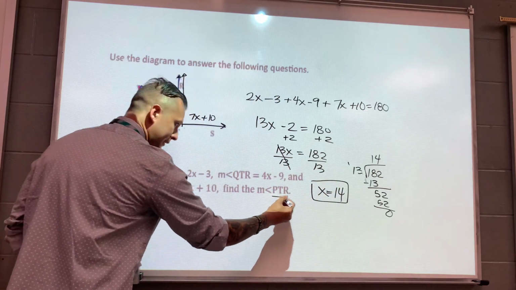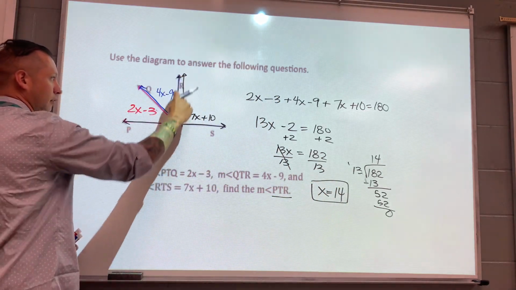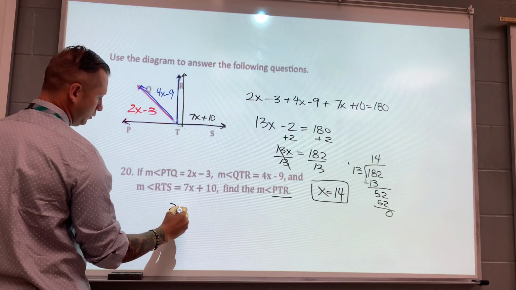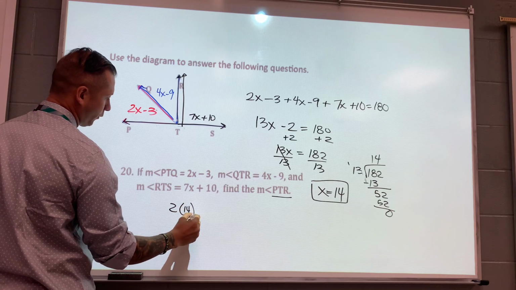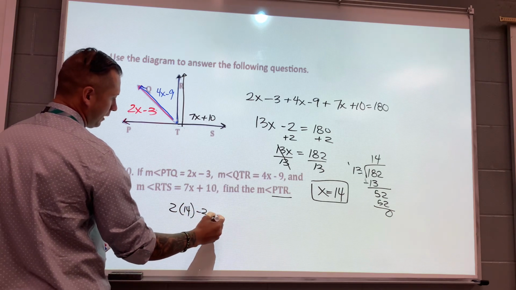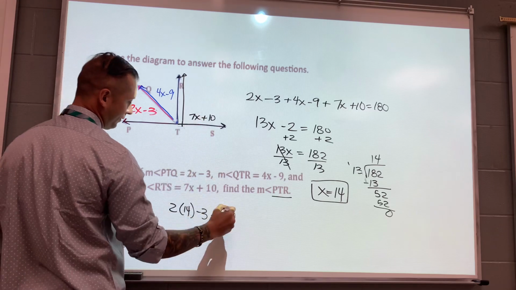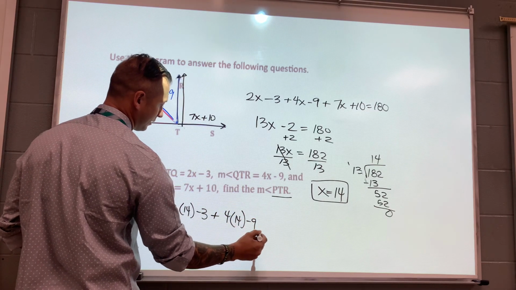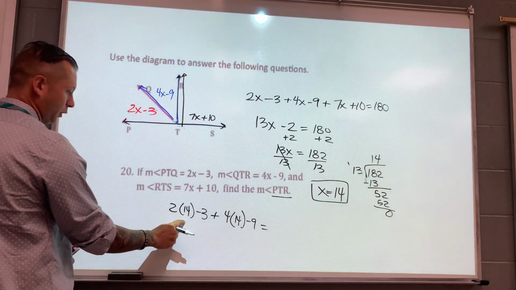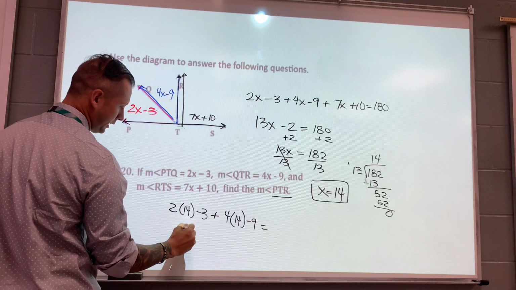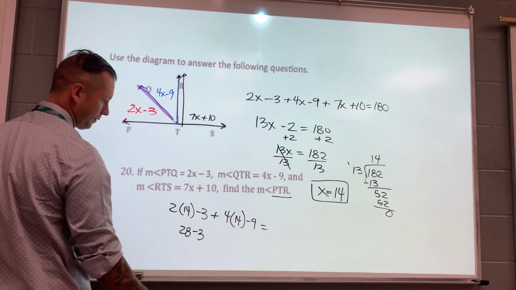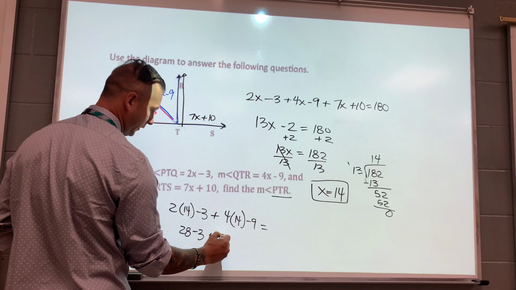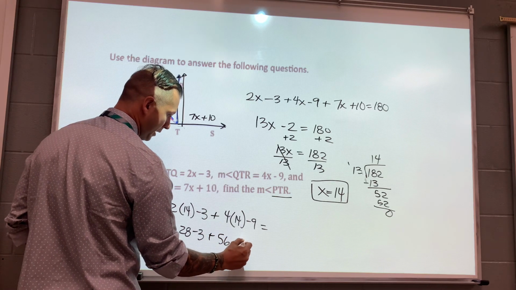But we're looking for PTR, this angle right here. So we do 2 times 14 minus 3 plus 4 times 14 minus 9. So 14 twice, 28 minus 3. 14 4 times, 56 minus 9.